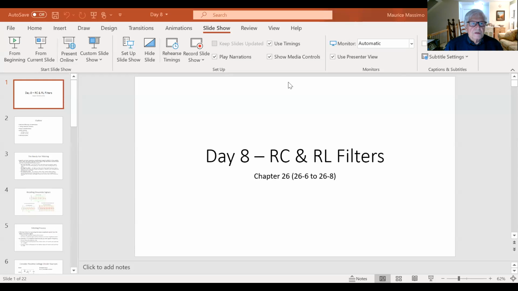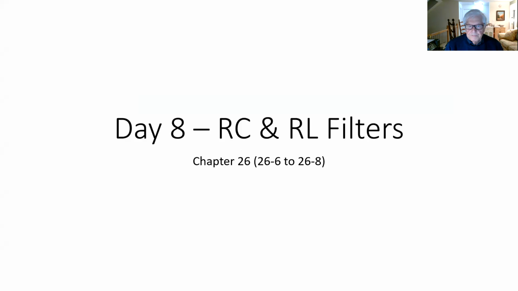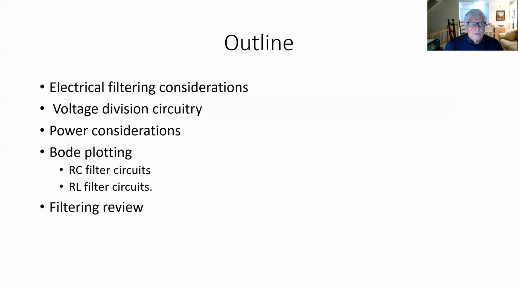First, let's put this on slideshow. Okay. So we'll look at, again, the filtering considerations. Filtering is done through voltage division, okay? We have a circuit, basically a series circuit.